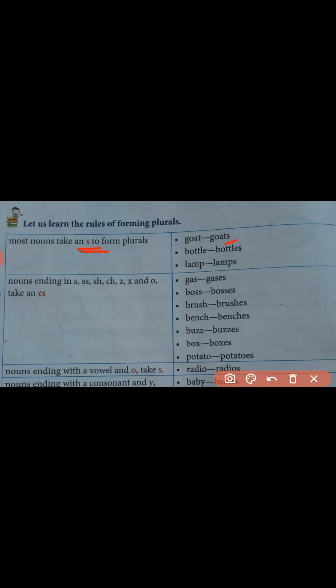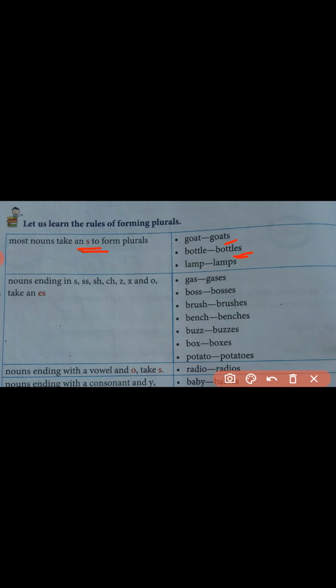Singular noun means only one thing, whereas the same noun in more than one number is always a plural noun. So the very first and foremost rule, the common rule, is that if we add s to the noun, then it changes into a plural noun. Another example: bottle, B-O-T-T-L-E. When we add s at the end, it becomes bottles, meaning more than one bottle.